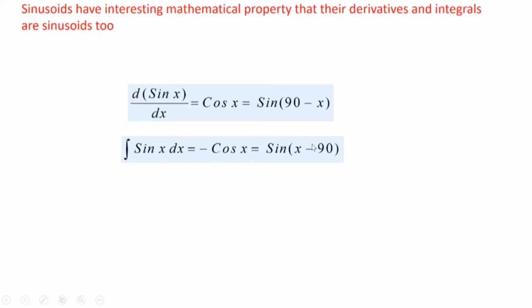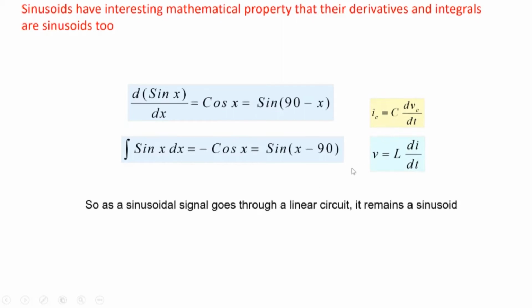The importance of this is that when we excite circuits with a sinusoid, as the sinusoid goes through my circuit, if I have capacitors and inductors, the sinusoid may undergo a derivative or an integral. But as a result, the signal would stay a sinusoid, with some phase difference, of course. And that makes analysis of circuits excited by sinusoids much easier as compared to, let's say, when we have some other signal.